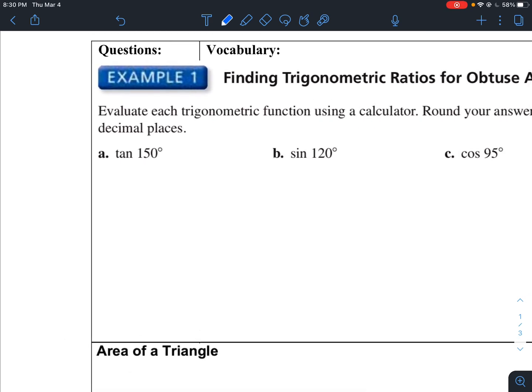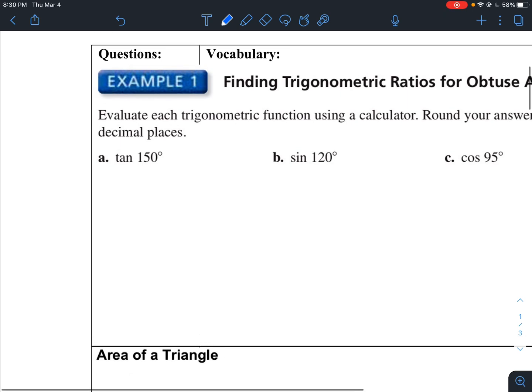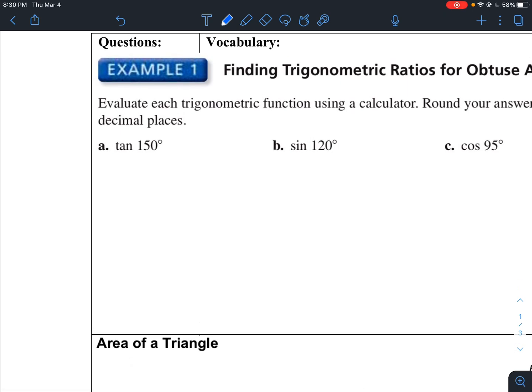So the reason why you can do that, first of all, tangent of 150 degrees. Back in chapter 8, we would solve this by drawing an angle on a coordinate plane, and the angle would rotate 150 degrees. So that would be about right here. Now we know that the reference angle is 30 degrees.